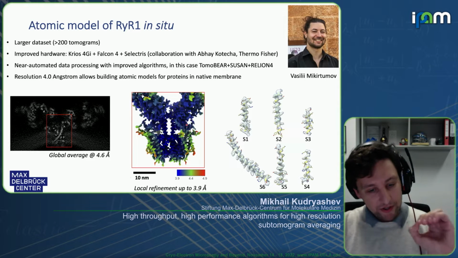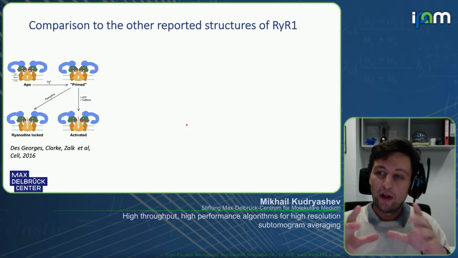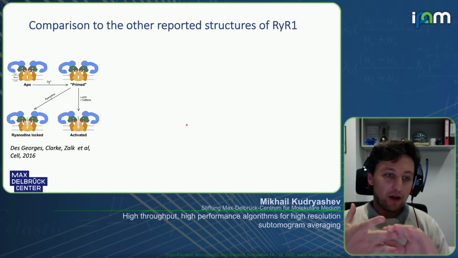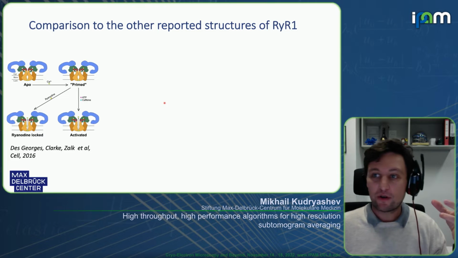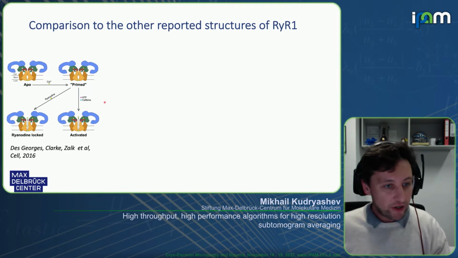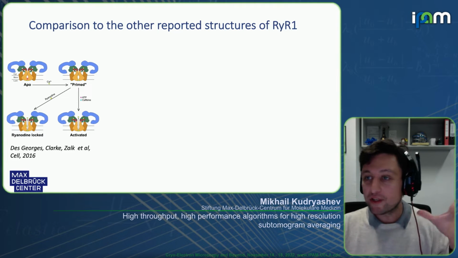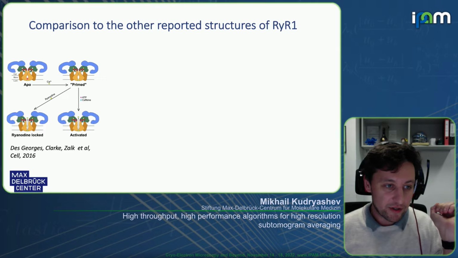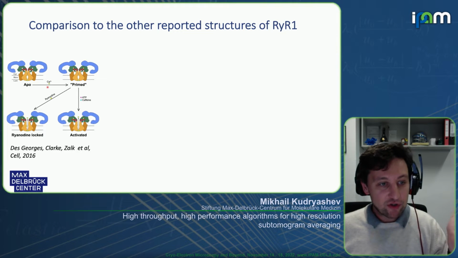Now, one thing that I'm really interested in is whether solving this structure was worth it. So we performed an analysis of the conformations, which I'll go into briefly. The way the receptor works is that it starts in the apo state. Apo state means that there are no ligands bound, and the pore is in the closed state. One of the physiological ligands is calcium.